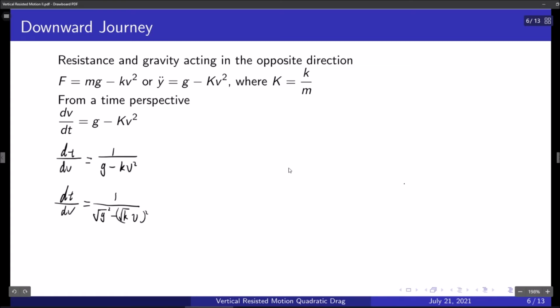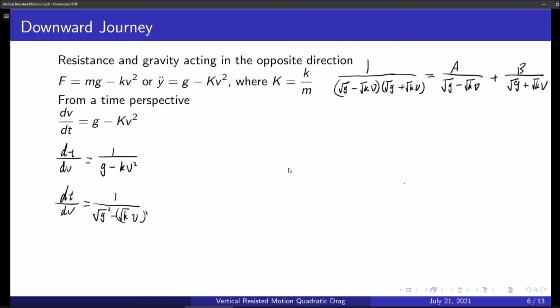So how do we decompose it? So we have 1 over square root of g minus square root of kv, times square root of g plus square root of kv. Obviously, we want to break it down into a over square root of g minus square root of kv plus b over square root of g plus square root of kv.